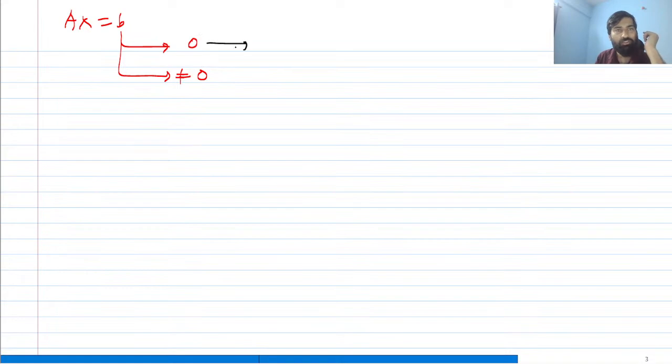So we call this a homogeneous system of linear equations. And this is a non-homogeneous system of linear equations, right? So when the right hand side is non-zero, this is the meaning of non-zero.